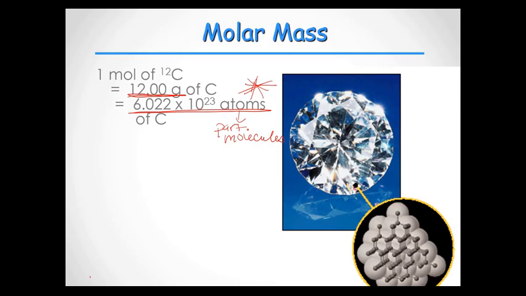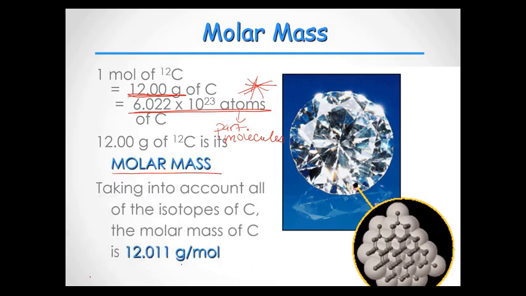Again, they took 12 grams, that was their base unit, and then they counted how many molecules. They figured out there were 6.022 times 10 to the 23rd atoms, and that is the number of atoms they use for all molecules on the periodic table. That is called our molar mass. The unit for molar mass is grams per mole.